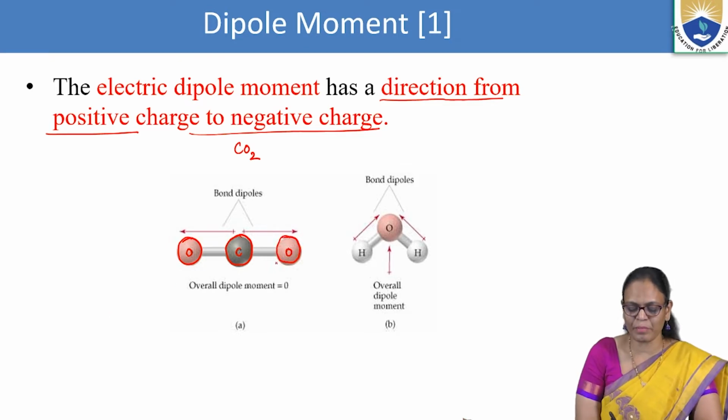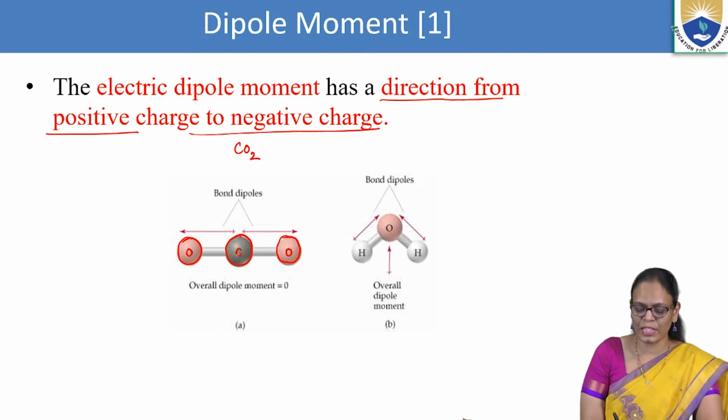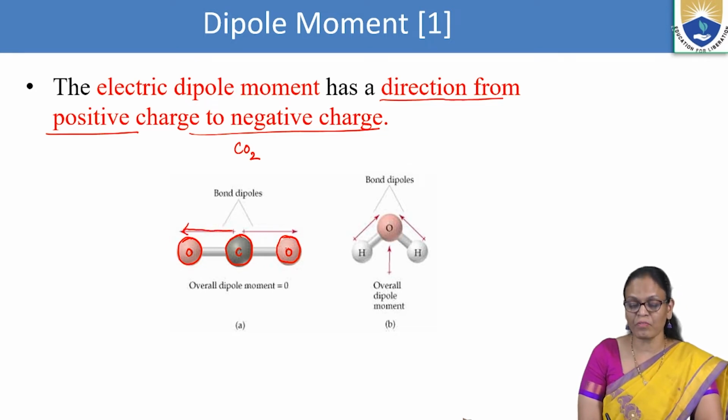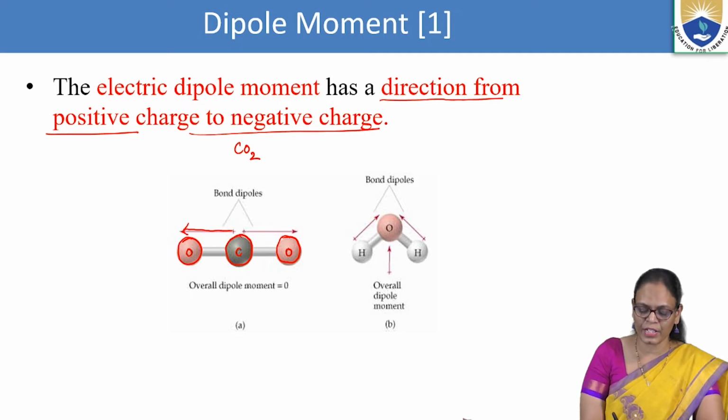They are separated by a distance. Now, what is the direction of the dipole moment? From positive to negative. So this is positive, C. So the dipole moment here will be from C to O. And again we have an O here. The direction is again from C to O.